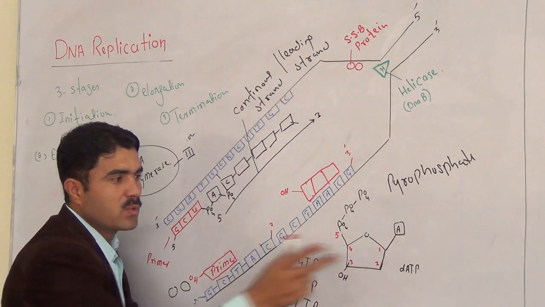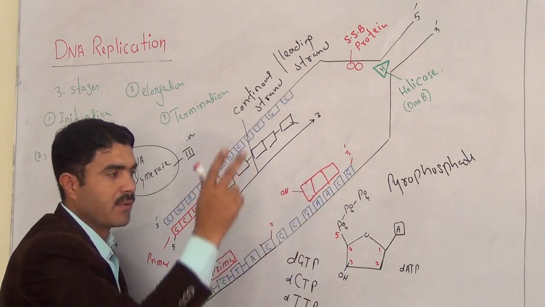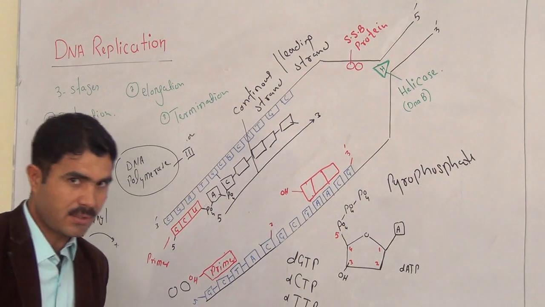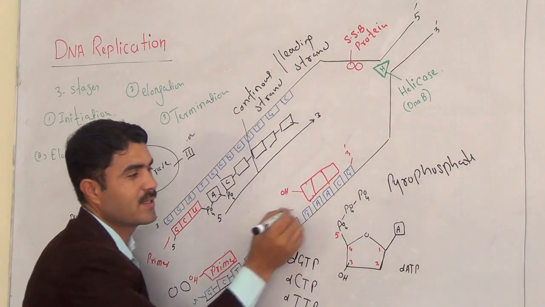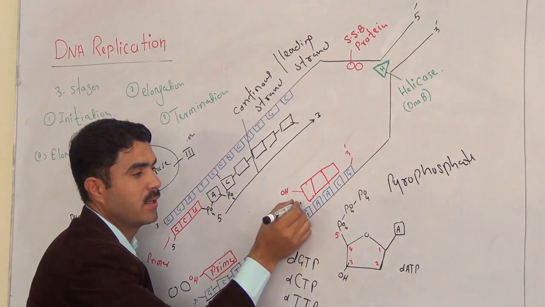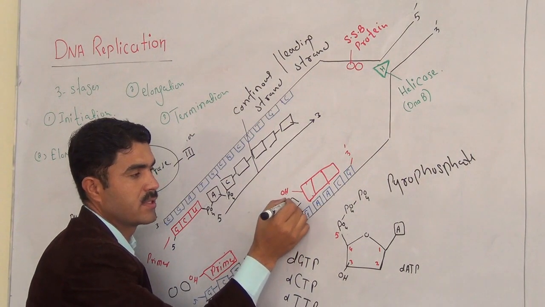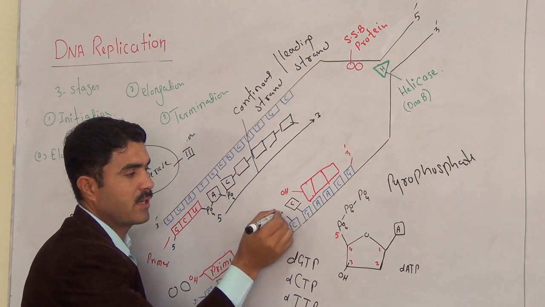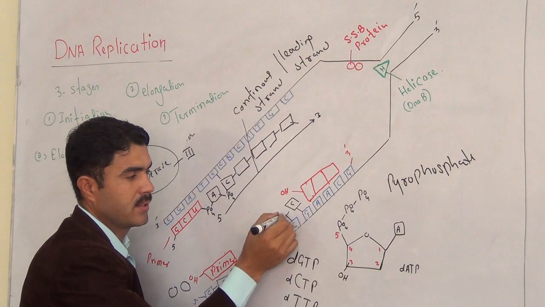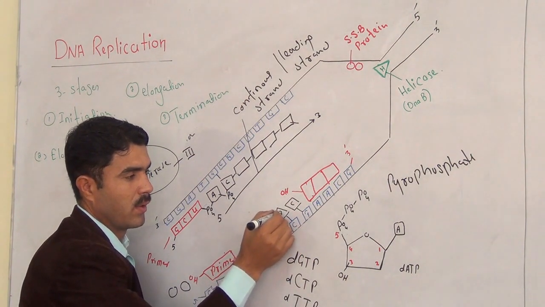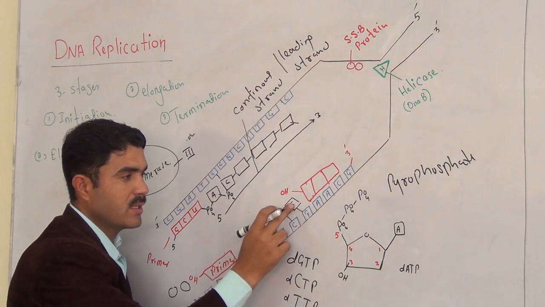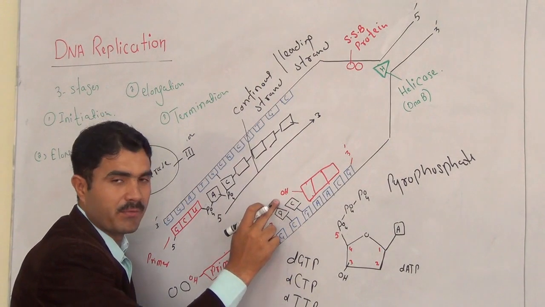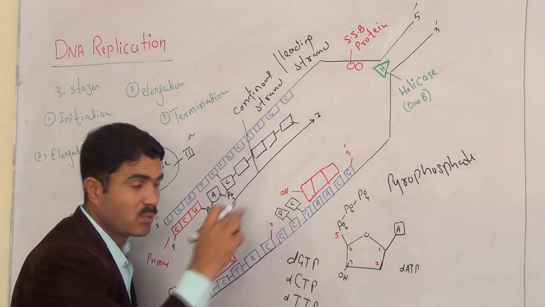A DNA polymerase will take the nucleotides and will attach here. I will not discuss the polymerization process again now. In front of guanine, we will have cytosine, and in front of cytosine, we will get guanine. Between the cytosine and guanine, there will be a phosphodiester bond that we will not discuss now.